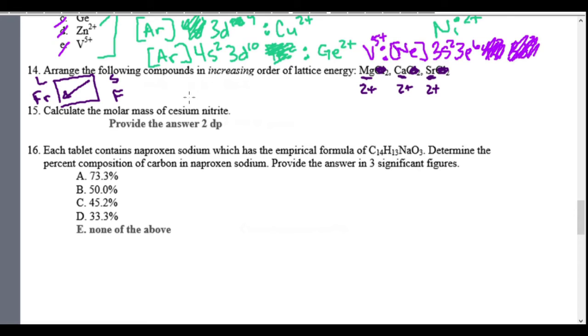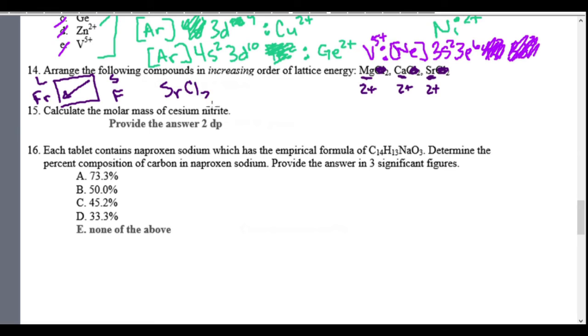So increasing lattice energy. So the lattice energy for these, if we're looking at magnesium, calcium, and strontium, the smallest is going to be strontium because it's closest to francium.